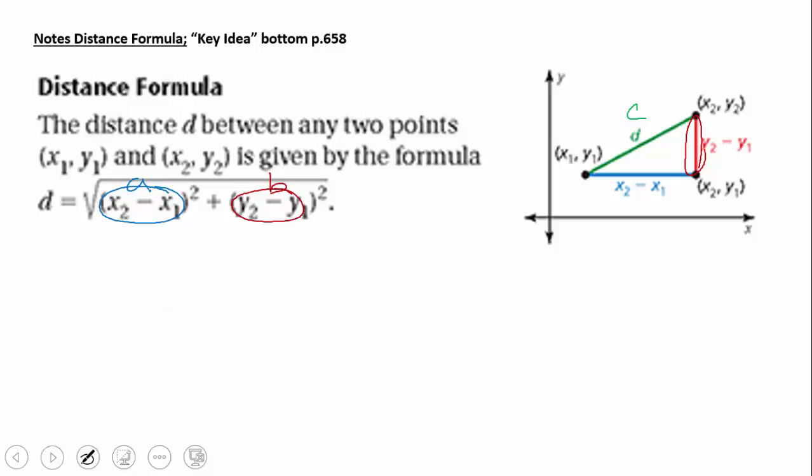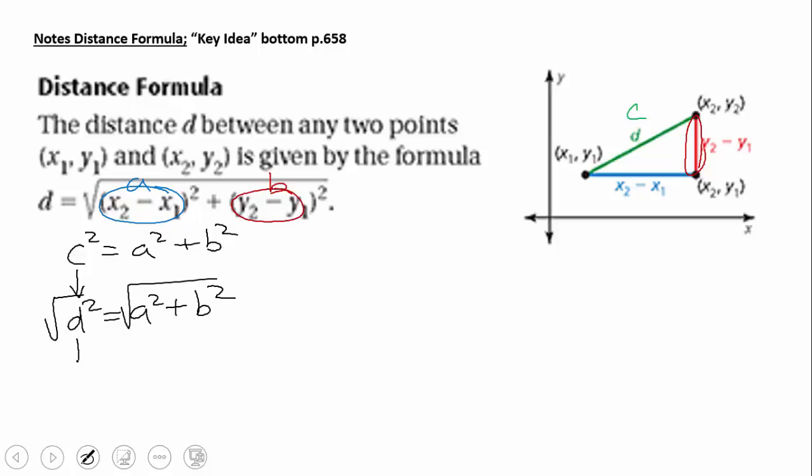And so now why did they get it looking like this? Why is it not the distance squared is equal to (x2 minus x1) squared plus (y2 minus y1) squared? Because they're trying to simplify it. In other words, they took c squared equals a squared plus b squared. They took c and made it d. And then they took the square root of both sides. And well, what's the square root of d squared? That's right, it's d.